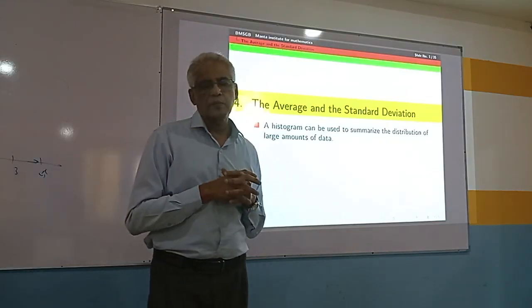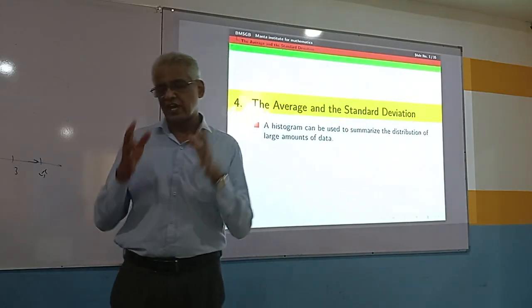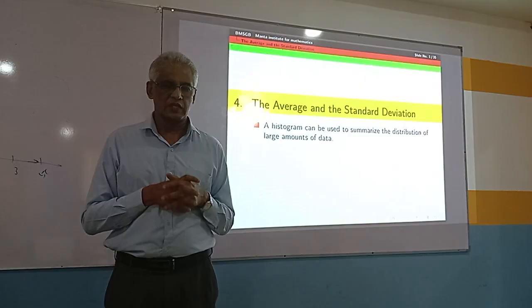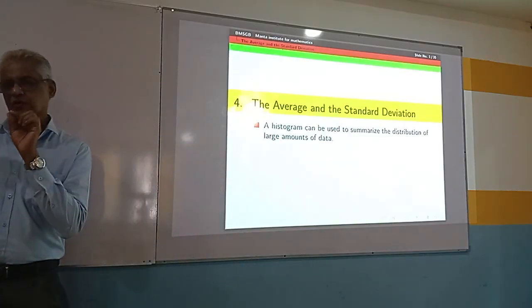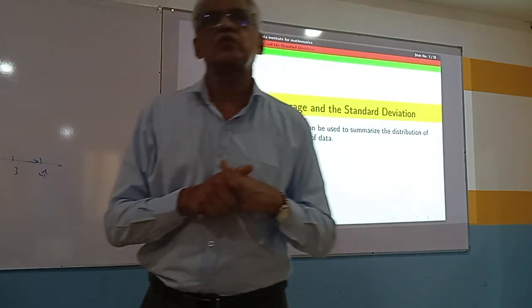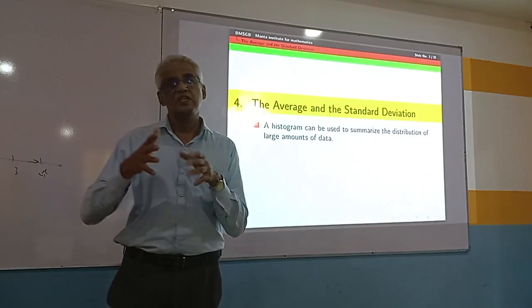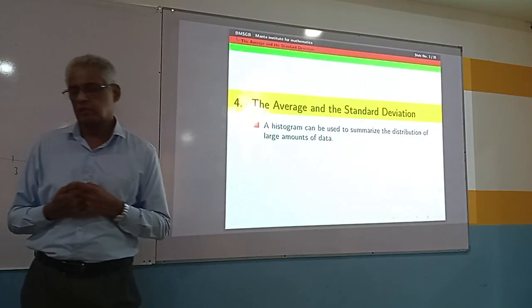So the book mainly talks about one measure, called the average. But to me, average is not a single quantity. Average is a general idea. According to the book, what they mean by average is the usual arithmetic mean.